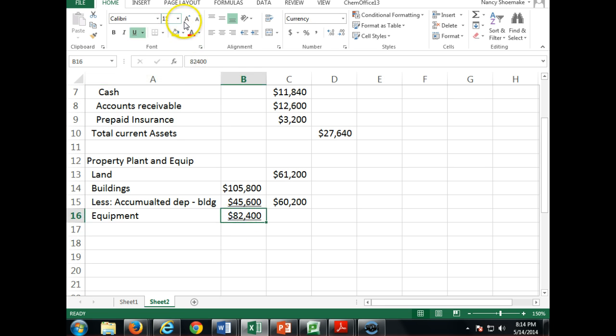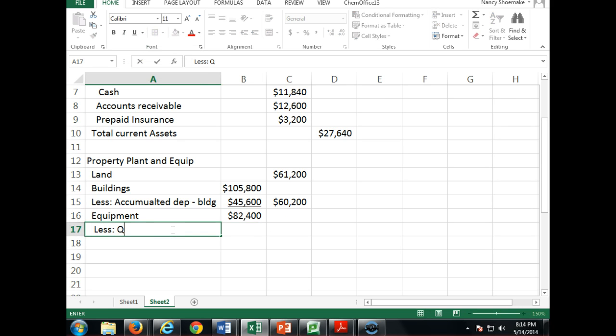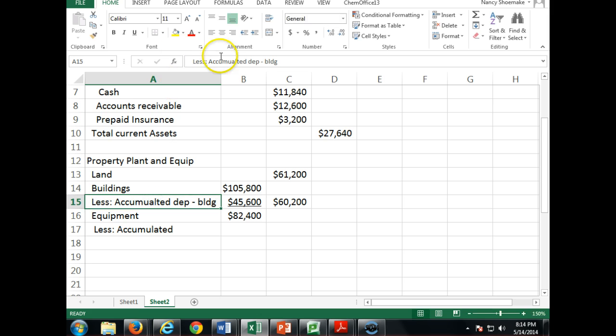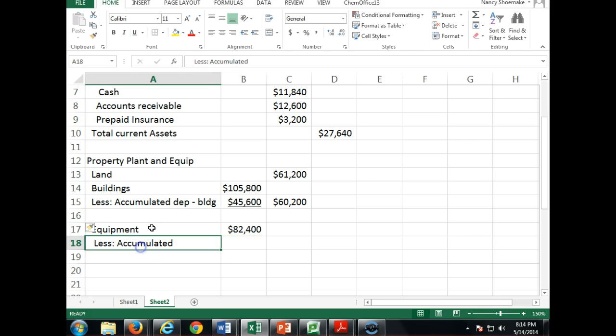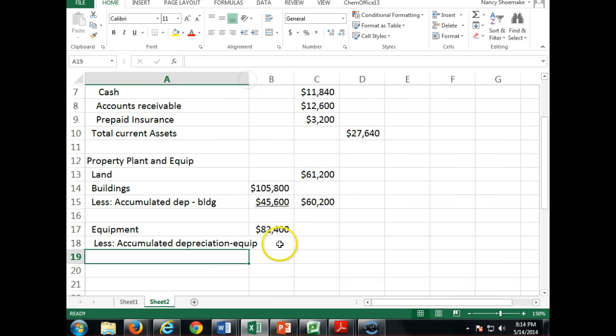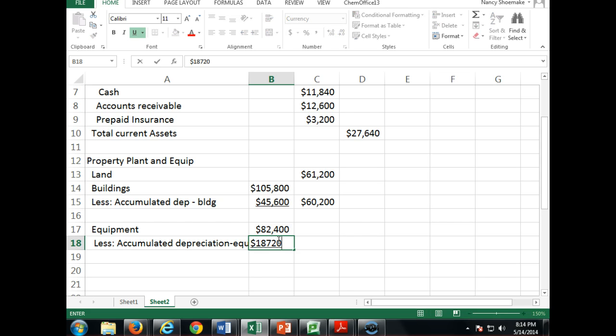And then less accumulated depreciation. Sorry guys, I'm spelling words wrong. I'm going to put a row in there. See how we're separating out the accumulated depreciation for each one of these items? Accumulated depreciation on the equipment is 18,720.